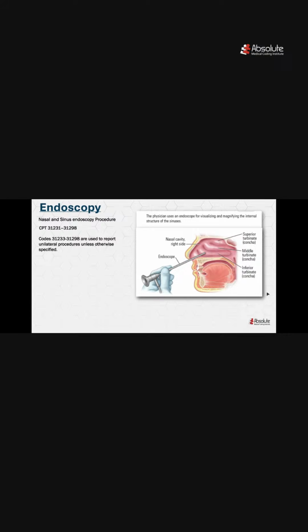Now, before we jump into the individual codes, CPT makes an important distinction whether the endoscopy is diagnostic or a surgical endoscopy. Let's start with the diagnostic nasal and sinus endoscopy.